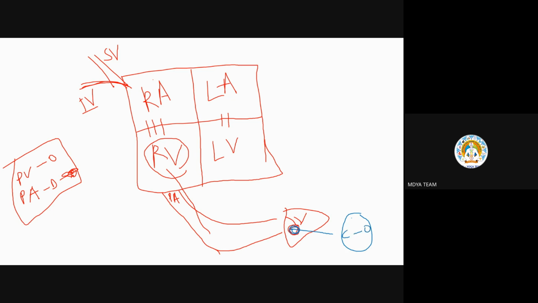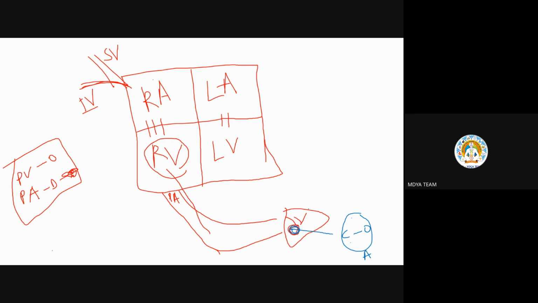This is the big shape of the alveoli. Now the blood will get oxygenated here.